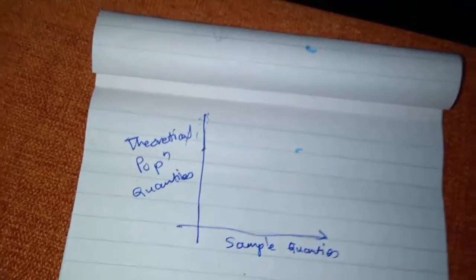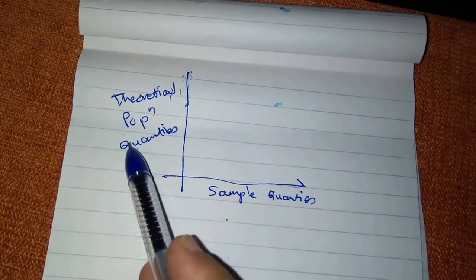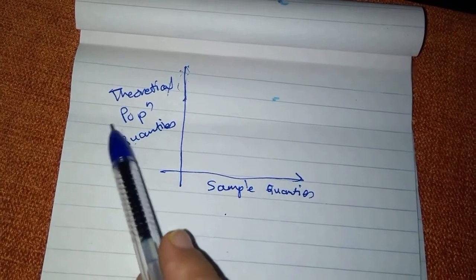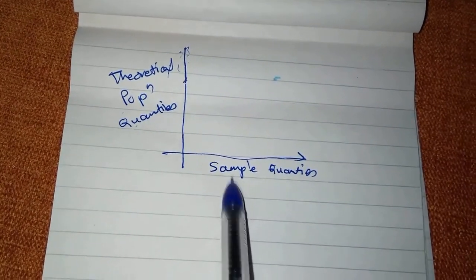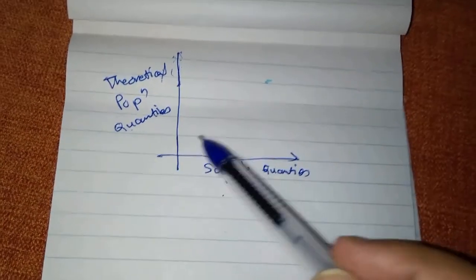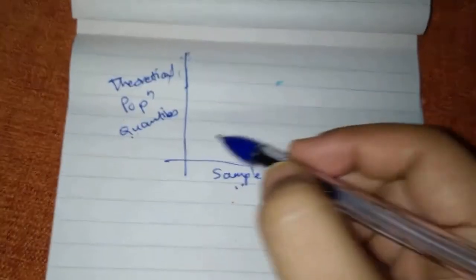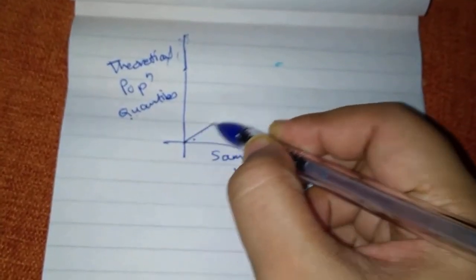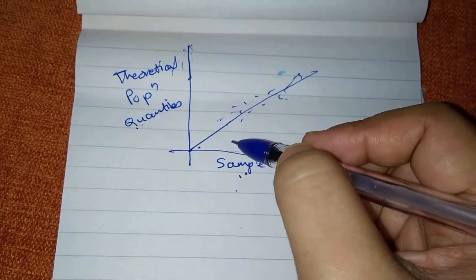If I want to test normality, I would have normal quantiles here. If I want to test whether the distribution is, say, t, I would have quantiles from t over here. If my sample is actually coming from this population, then sample quantiles should more or less match the population quantiles, and hence the scatter plot should be around this straight line of x equal to y, the 45-degree line.